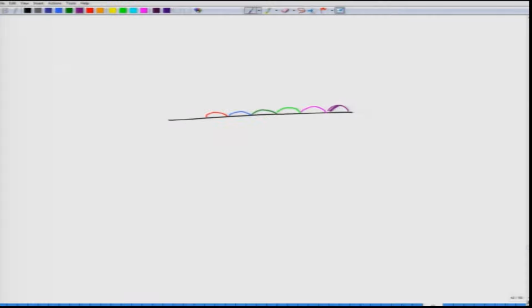Just to distinguish, I am making it slightly darker. So, this is how the surfaces mix up.